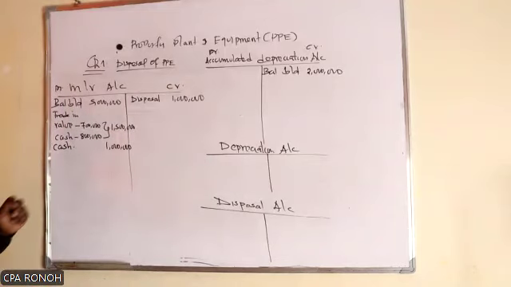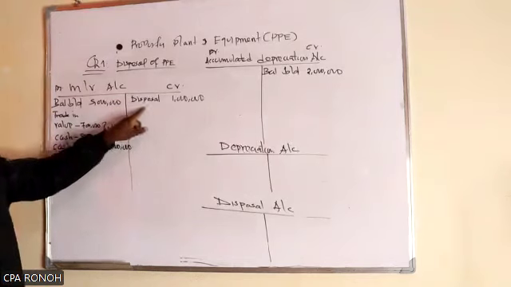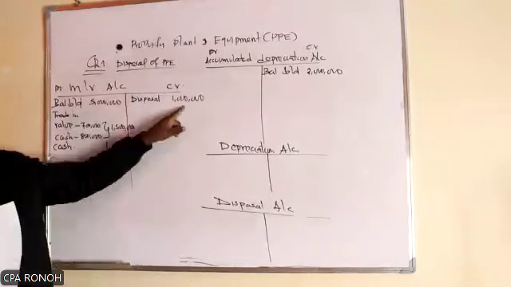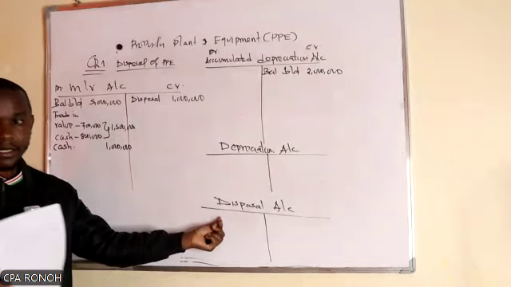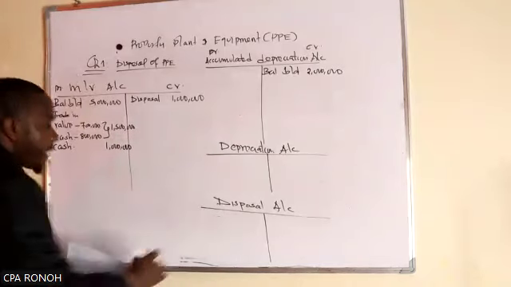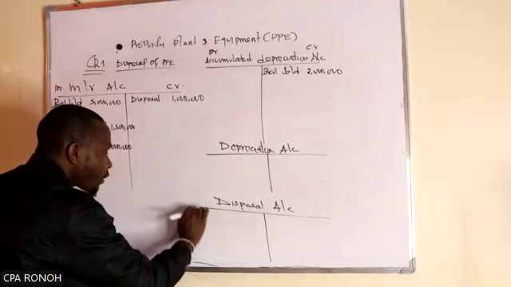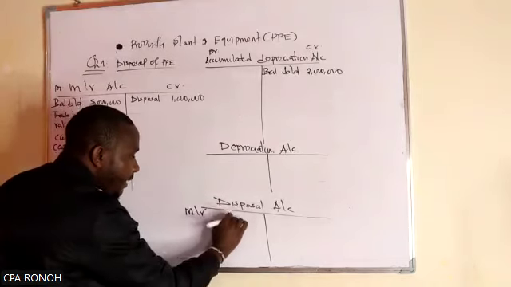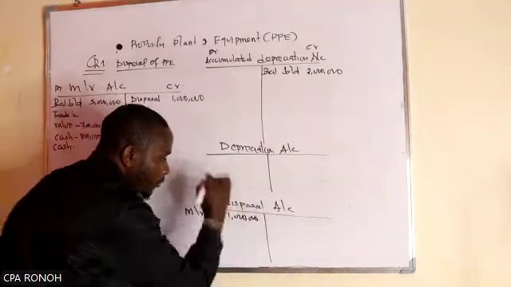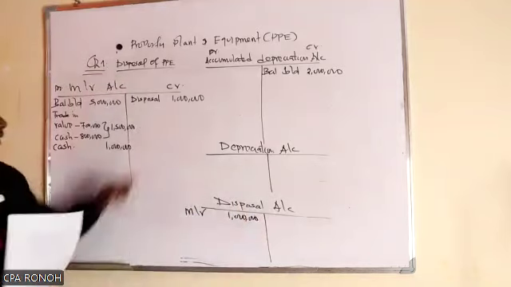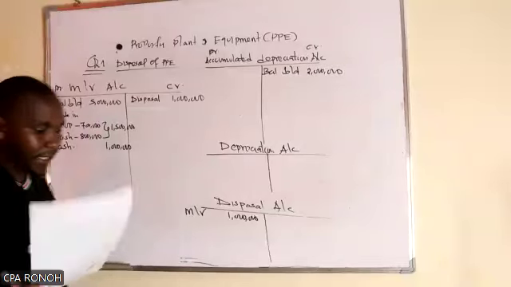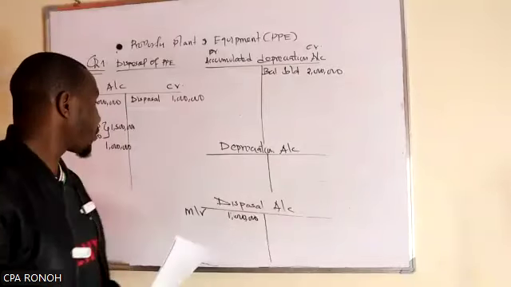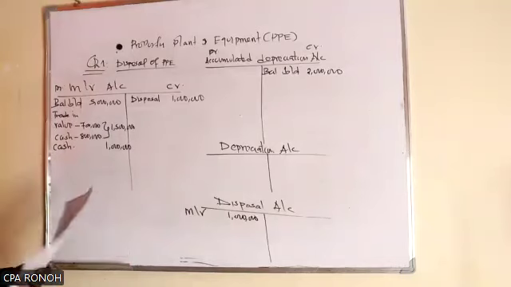So you credit the motor vehicle account, you debit the disposal account. So you will come here and write the cost of the motor vehicle, which is 1 million. So you can see debit and credit. In every transaction of accounting, there should be two sides of the transaction, debit and credit.